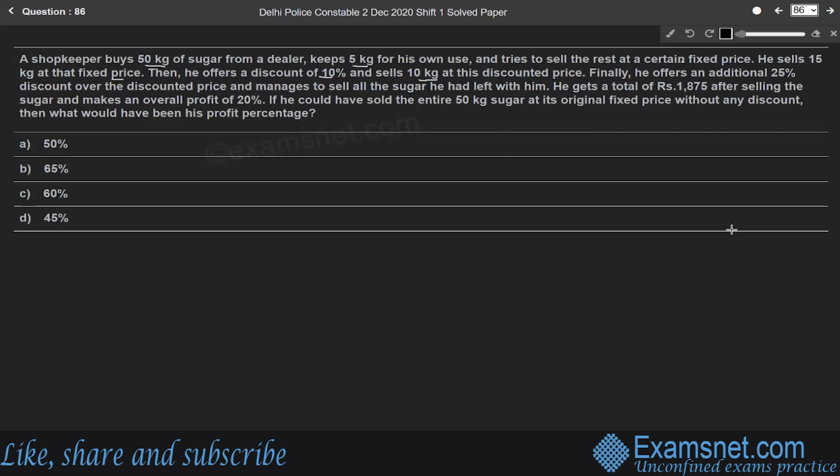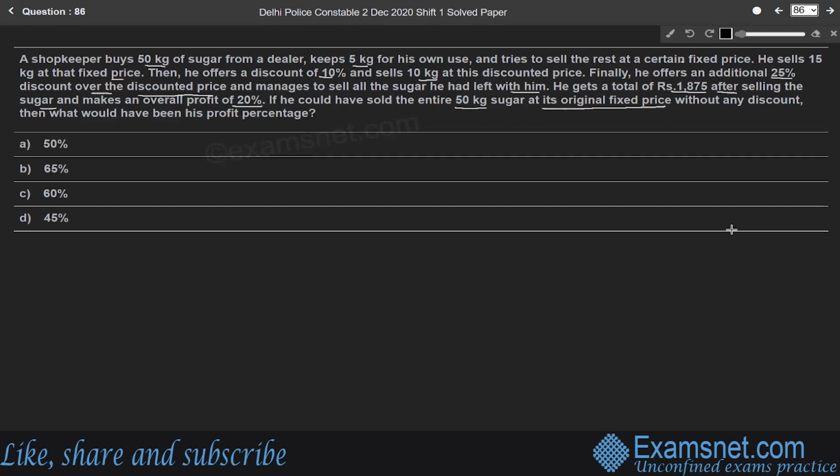Finally, he offers an additional 25% discount over the discounted price and manages to sell all the sugar he had left with him. He gets a total of 1875 rupees after selling the sugar and makes an overall profit of 20%. If he could have sold the entire 50 kg sugar at its original fixed price without any discount, then what would have been his profit percentage?